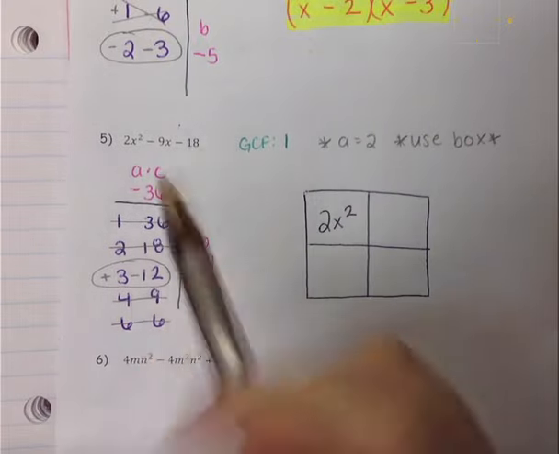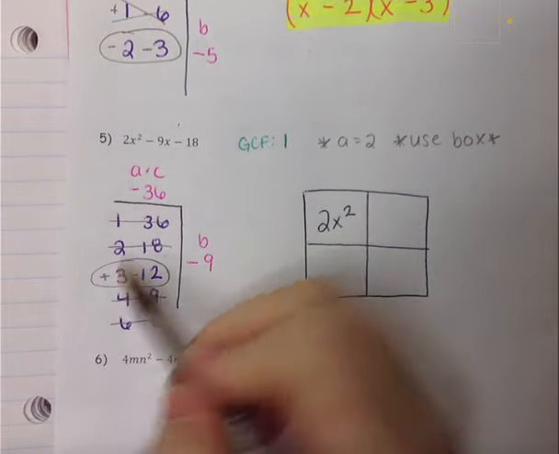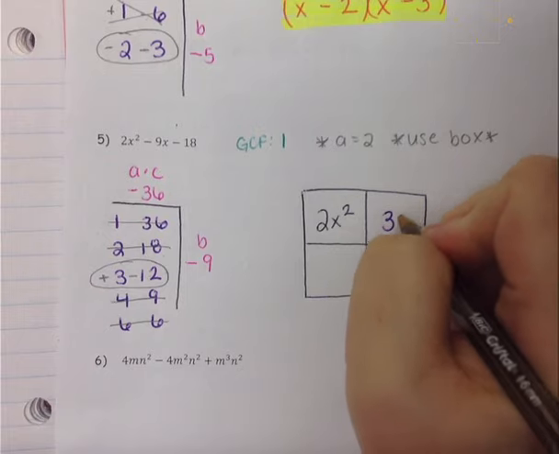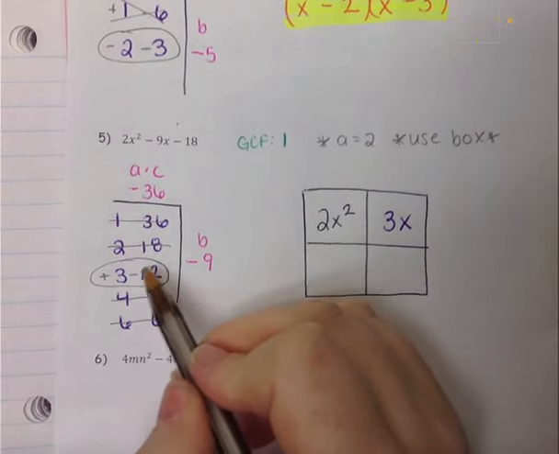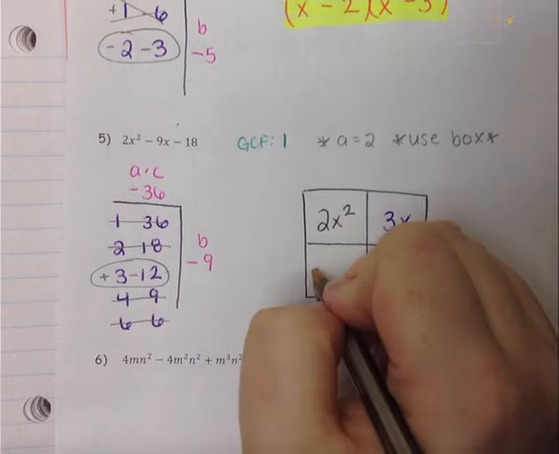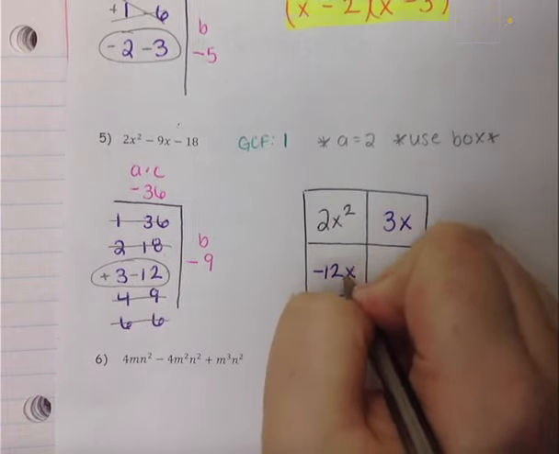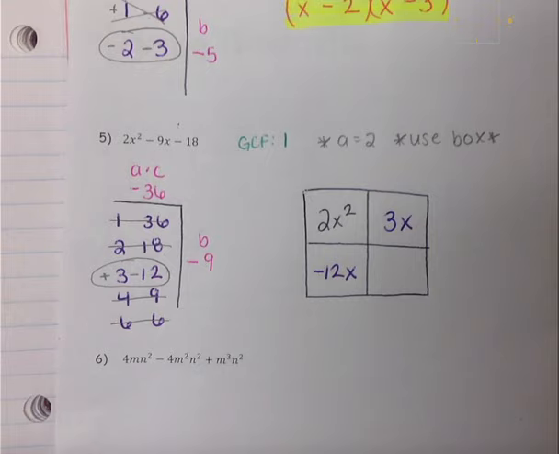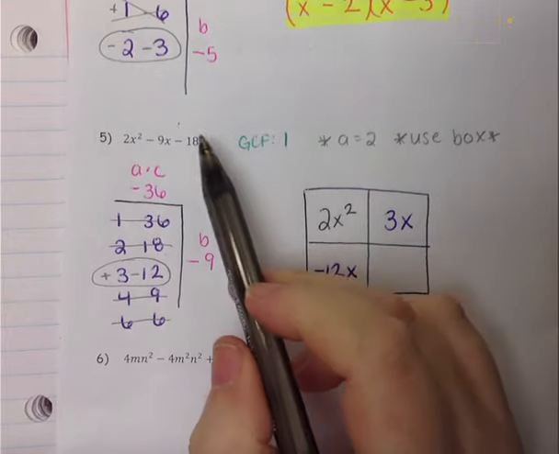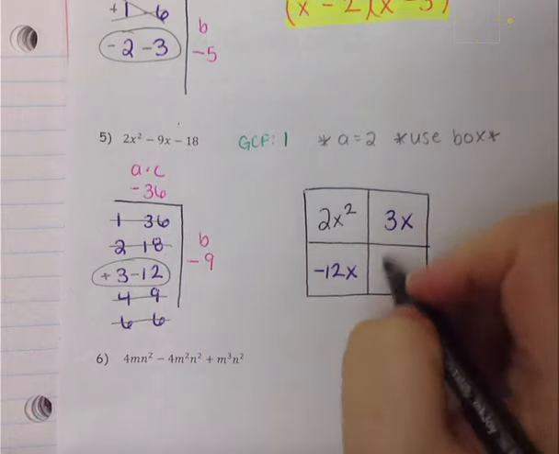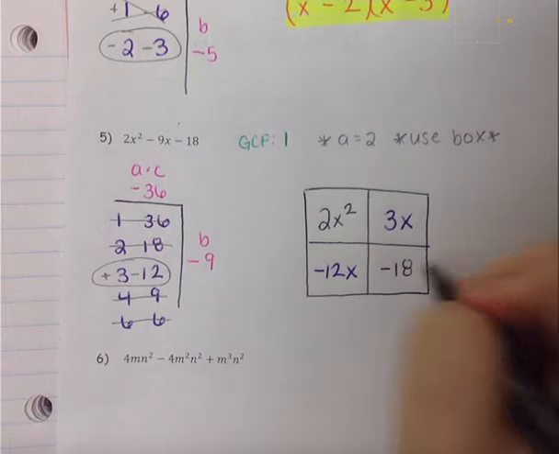In the next box, we'll put our first number, that positive 3, with the letter of x. In the next box, we'll then put that negative 12 with the letter x. And in the last box, we'll put our c value, which again, because our GCF was 1, we can put our original c value of negative 18.